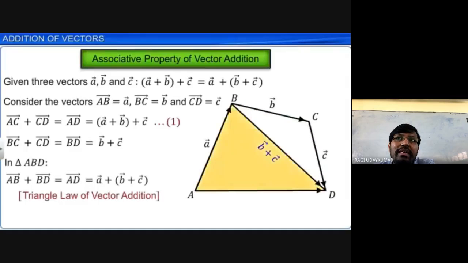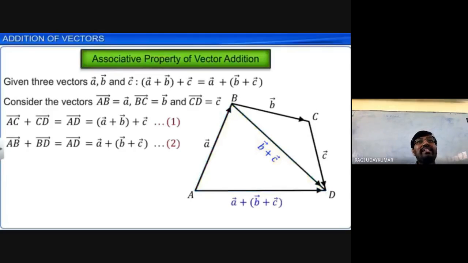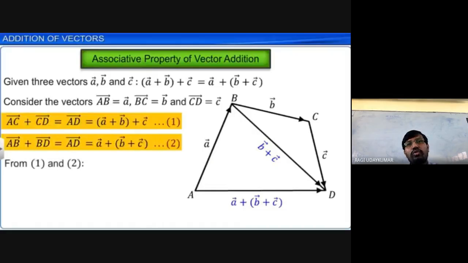And take A to B and B to D. A to B we call a bar, and B to D we call b bar plus c bar. So a bar plus, in the brackets, b bar plus c bar is represented as the AD vector. So in both cases the vector AD is the same vector, an equal vector. So both are equal. This is a way to prove the associative property of vector addition.